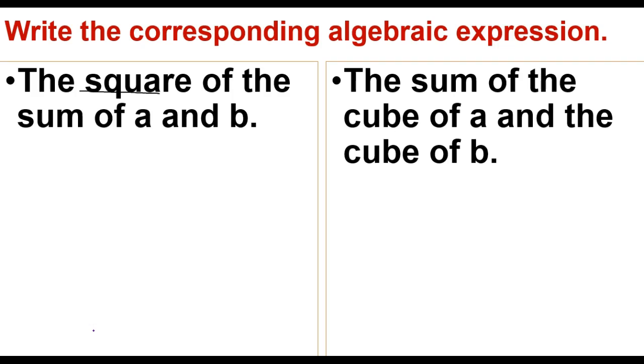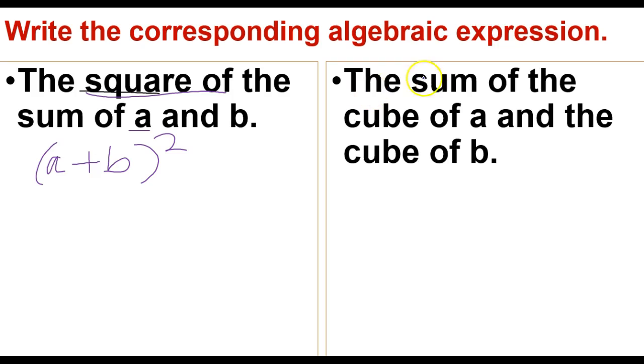It says the square of, so it's going to have something squared. The square of what? The square of the sum. Okay, we have sum inside that, so it's going to be the square of the sum of something and something. Square of A and B. So the sum of A and B is squared.